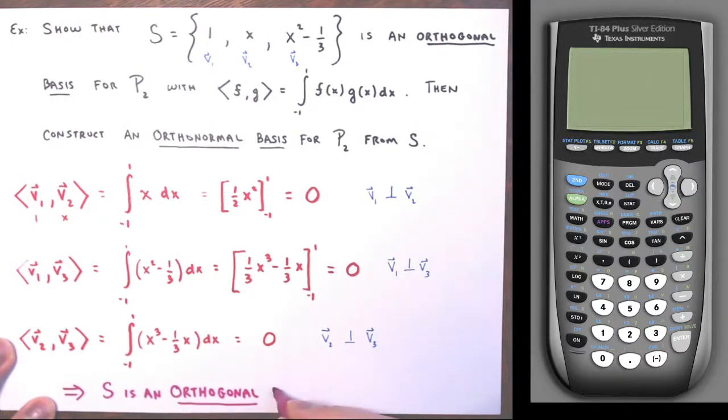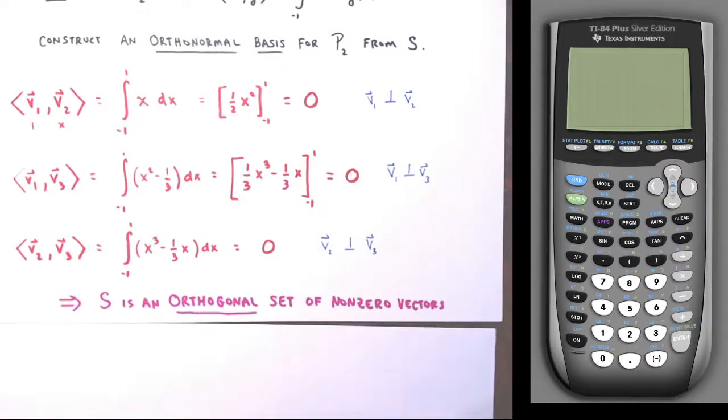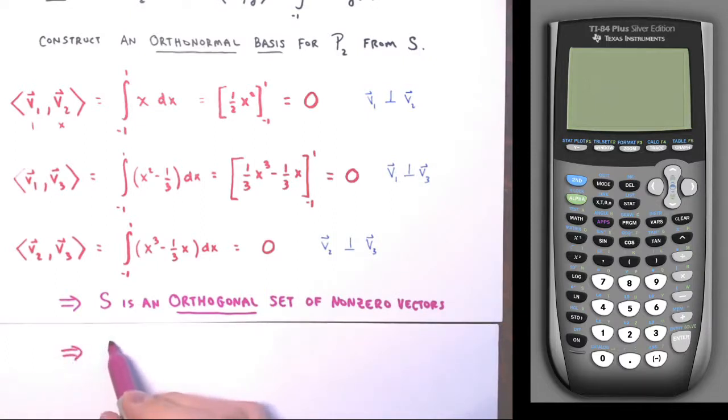That's key, that they're non-zero. So by the theorem I mentioned earlier, since this is an orthogonal set of non-zero vectors, S must be linearly independent. So those are linearly independent vectors.